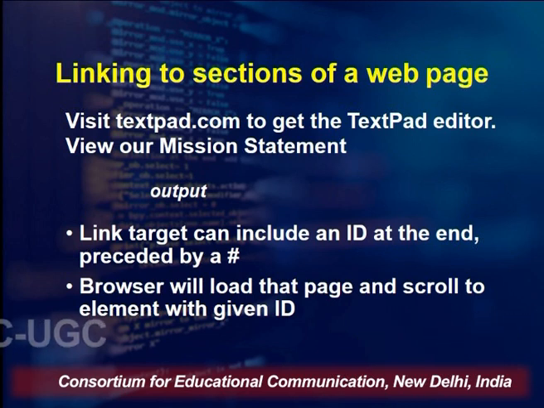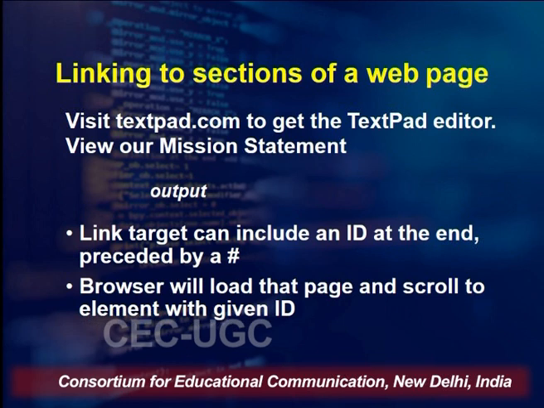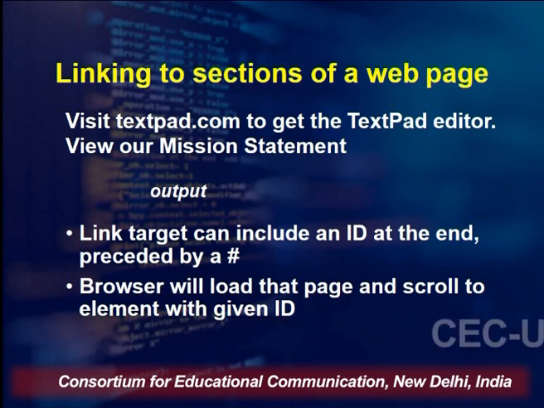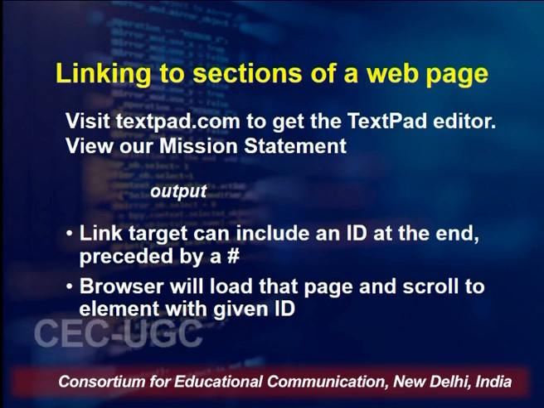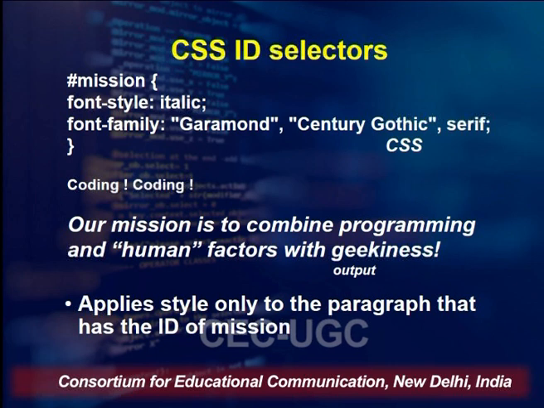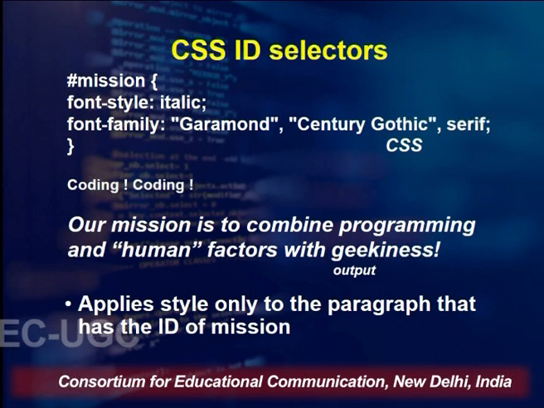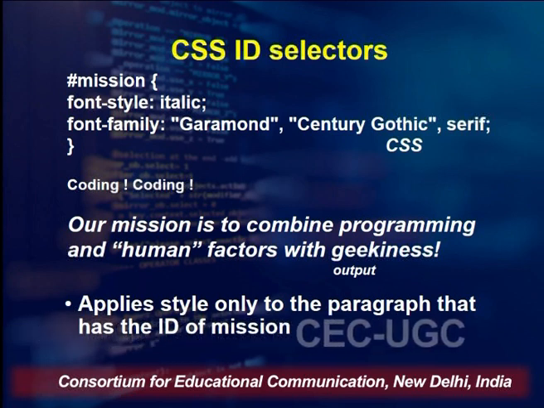So, when you are using internal linking, the browser will link to the particular point where the ID has been defined, and the browser will load that page and scroll to the element with the given ID. Now, later on we also see that IDs can be used as selectors for CSS. What do we mean by a CSS ID selector?